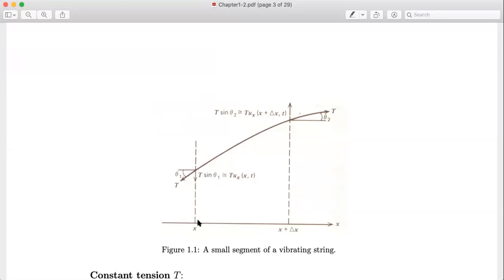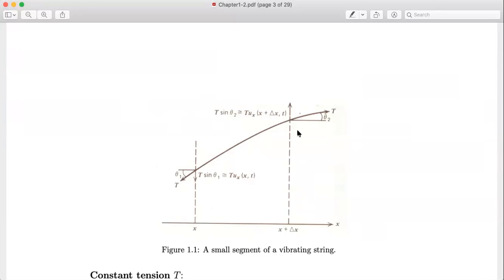This is originally lying horizontally here, and then when it is stretched and vibrating, it will be moved up. So let's say the angle that the string at point x plus delta x makes with the x-axis is theta 2, and the angle that the string at point x makes with the x-axis is theta 1.